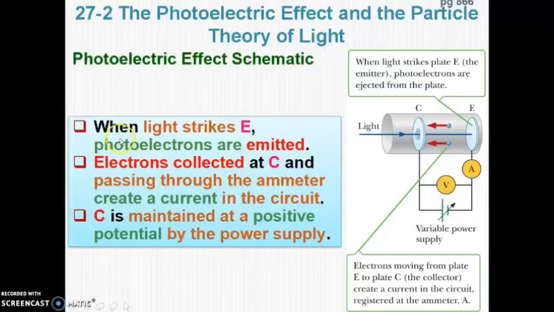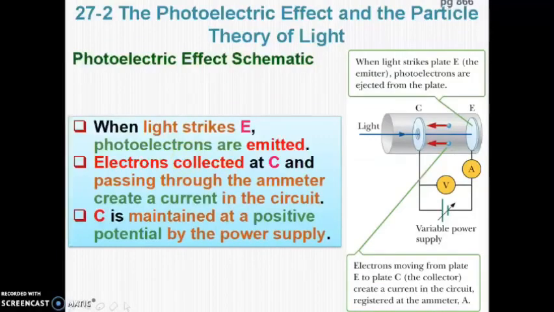And look at this. When the light strikes E, what happens? Photoelectrons are emitted. What is a photoelectron?